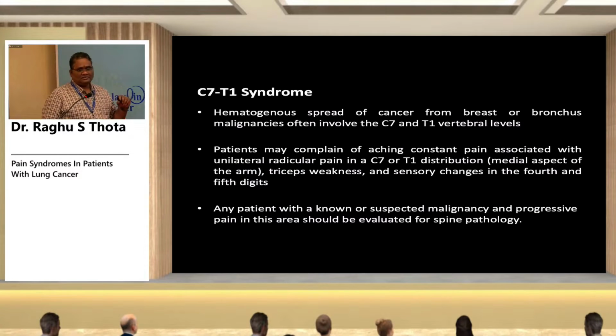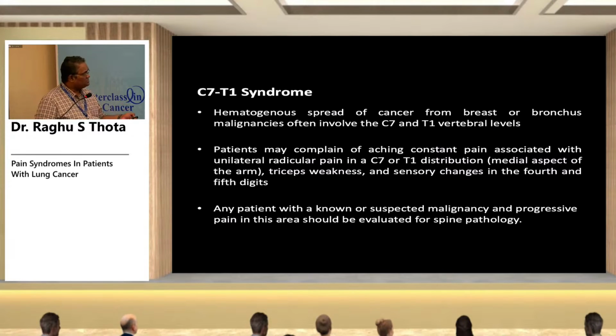Now there is something called C7T1 syndrome. It happens because of the hematogenous spread of cancer, especially from breast or bronchus malignancy. Bronchus malignancies involve the C7 and T1 vertebral levels. Patients complain of aching, constant, unilateral radicular pain in the C7 to T1 distribution, especially the medial aspect of the arm, triceps weakness, and sensory changes in the 4th or 5th digits.